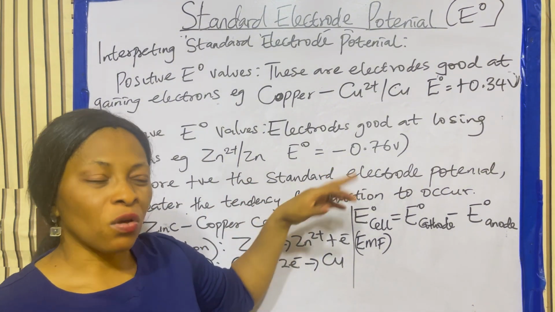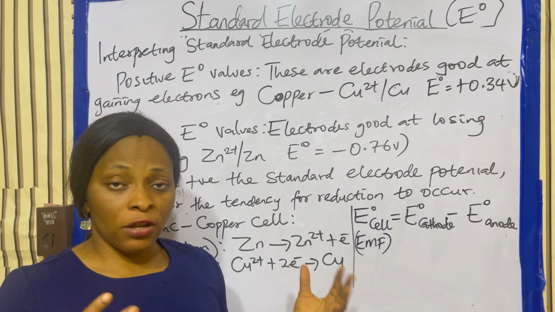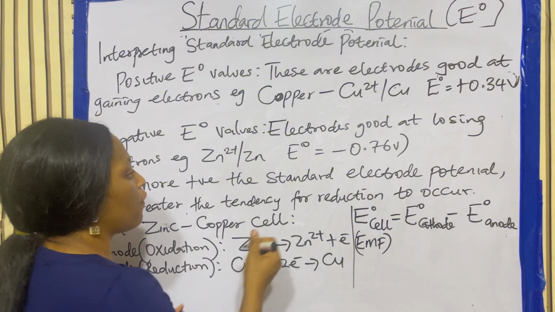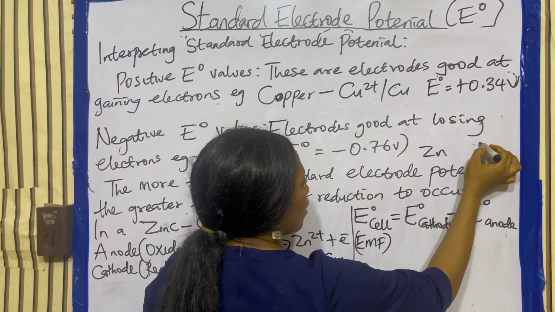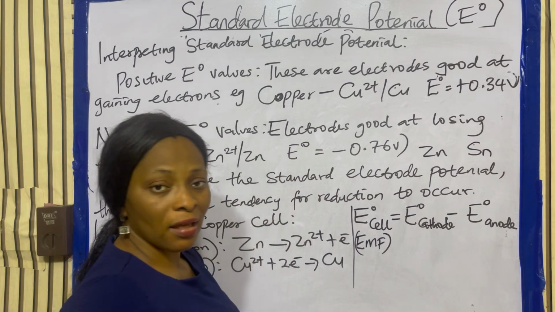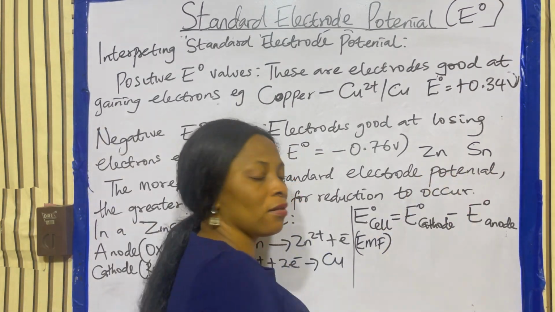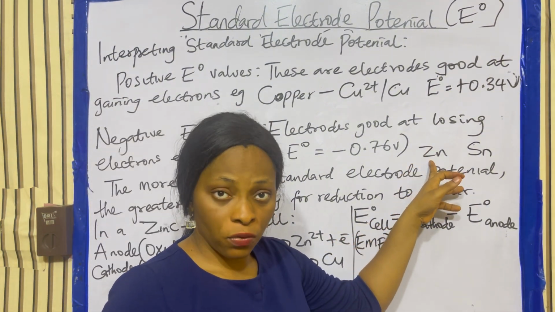Minus. So simply say, let me just make this very simple. You remember the electrochemical series I gave us? If I gave something like zinc and tin, zinc comes before tin. So between zinc and tin, who is higher in the electrochemical series? Zinc. Are we together?